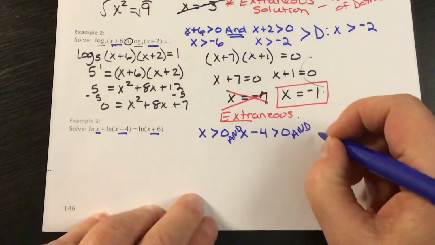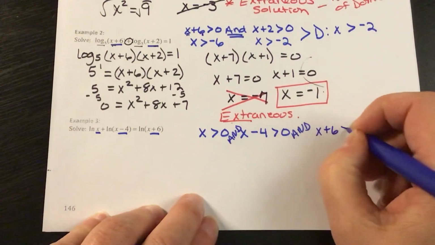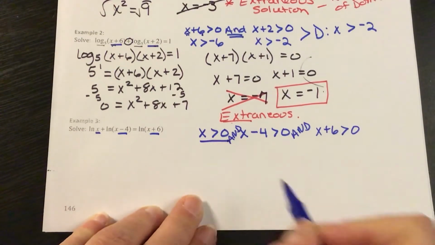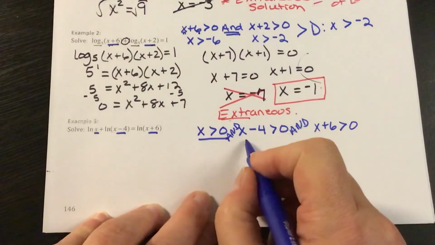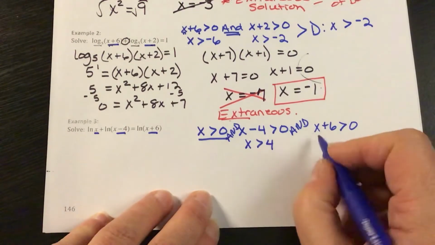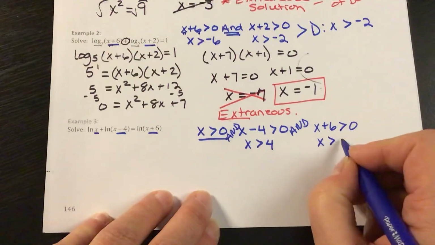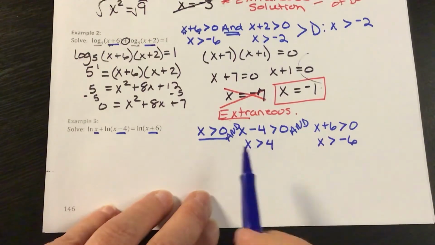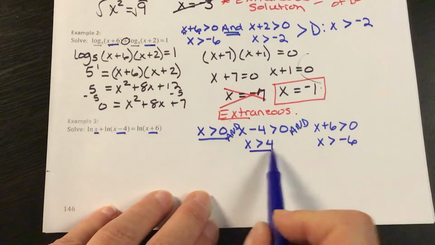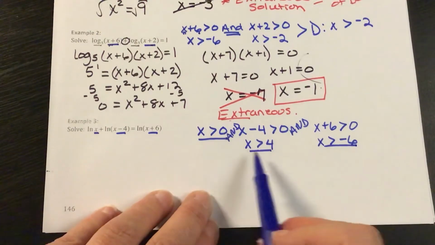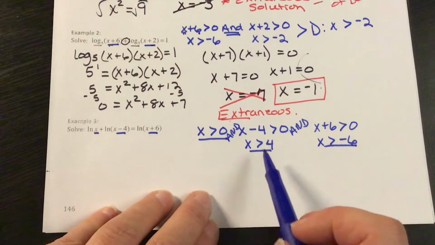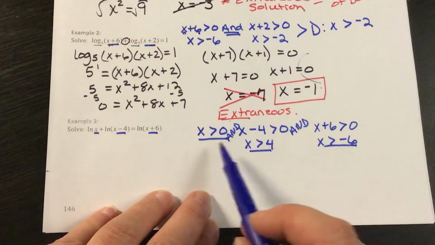And I have to have x plus 6 is greater than 0. So x has to be greater than 0. Here, x has to be greater than 4. And here, x has to be greater than negative 6. Technically, I'm looking for the number that's the largest, because that would include all 3 of these pieces.